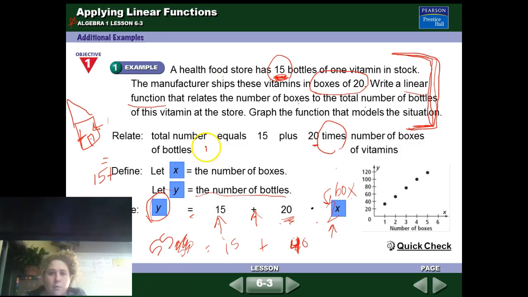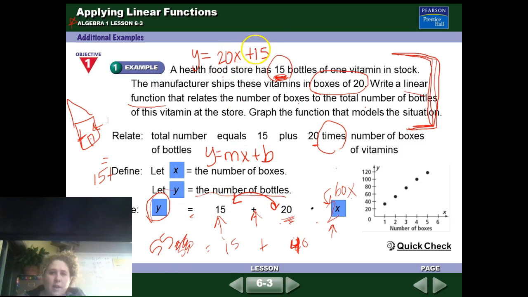The last couple days we worked with y equals mx plus b. Well, this is flipped around just a little bit. So what this really is saying, I'm running out of room, we'll go up here: Y equals 20x plus 15. I just rearranged these two numbers here.